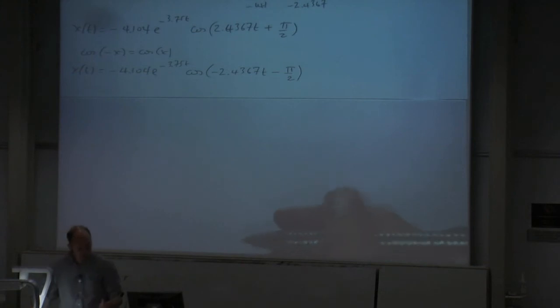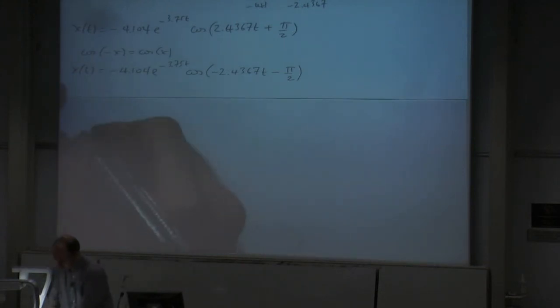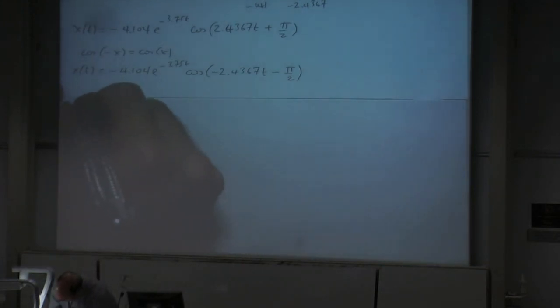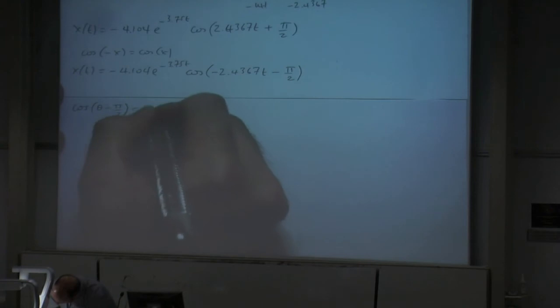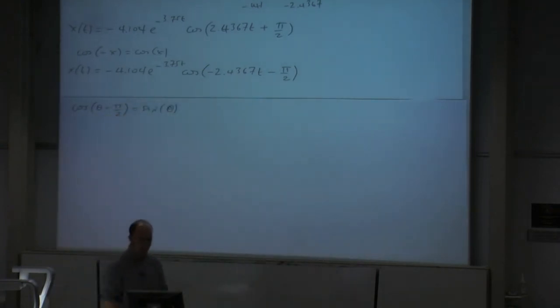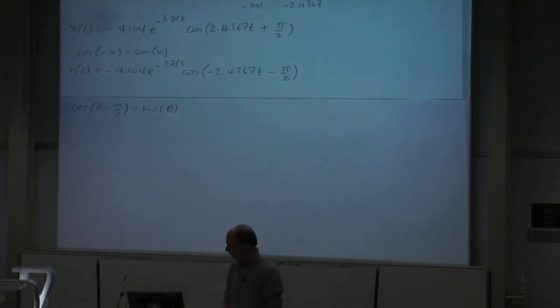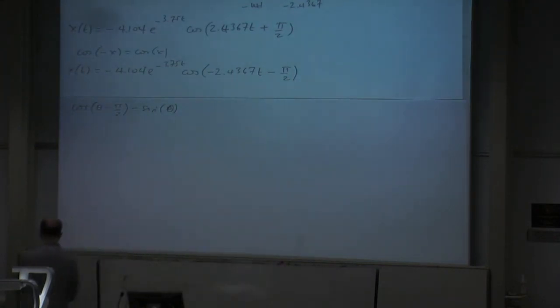Now we also know on page 11 of your notes that cosine of theta minus pi by 2 equals sine of theta. That's just another trigonometric identity. If this whole thing is shifted over by pi by 2 in this direction, so minus, obviously this point goes to there, you end up with the sine function.